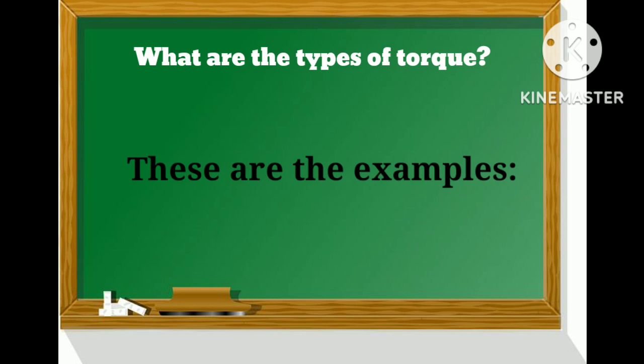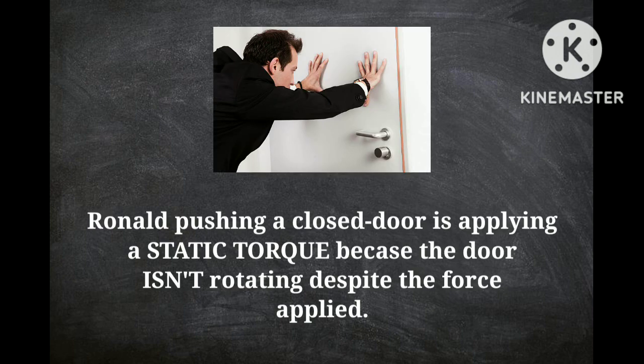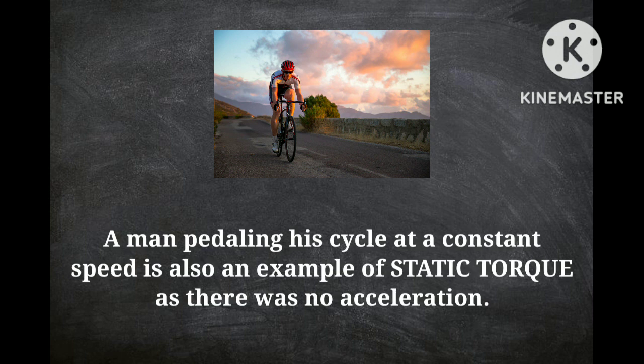These are the examples. Number 1. Ronald pushing a closed door is applying a static torque because the door is not rotating despite the force applied. A man pedaling his cycle at a constant speed is also an example of static torque, as there was no acceleration.